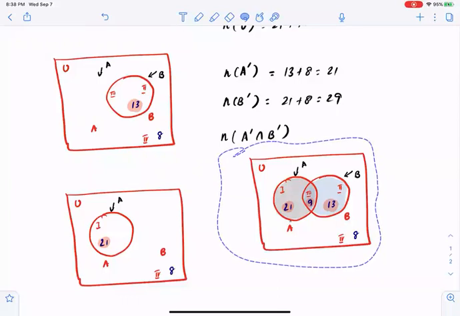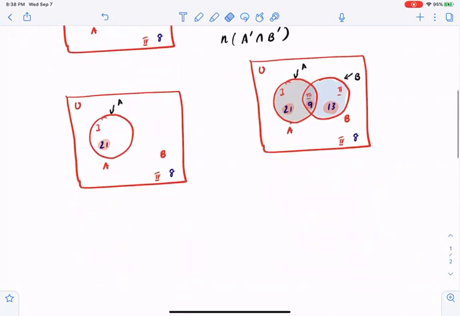So if we want to find the cardinality of A complement intersect B complement, there are a couple of ways in which we can do this. But what we can do is to realize, no, A union B complement is equal to A complement intersect B complement.